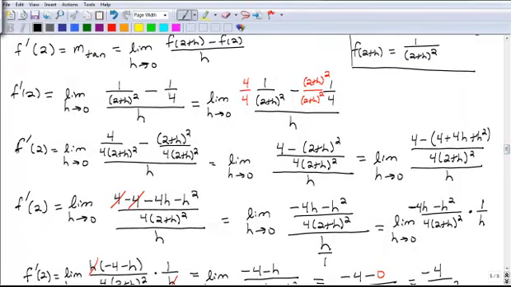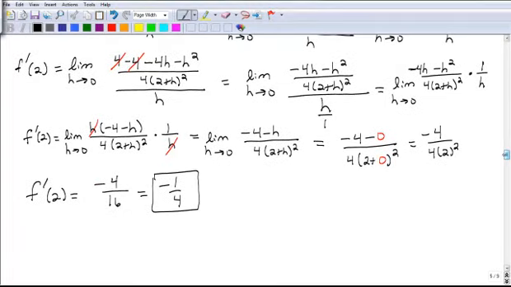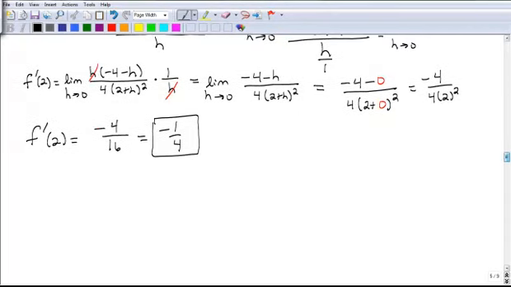So we put the fractions together with common denominators. When we put the fractions together, some of the things cancel. And all the stuff on top just has h's in it. So I know I can factor an h out. So I multiply by the reciprocal of the denominator, factor an h out of the top, and cancel that one on the bottom. That allows me to plug in 0 for h to get this actual limit. What did the limit tell me? Well, it told me the derivative of f of x at x equals 2, which is the slope of the tangent line of f of x at x equals 2.